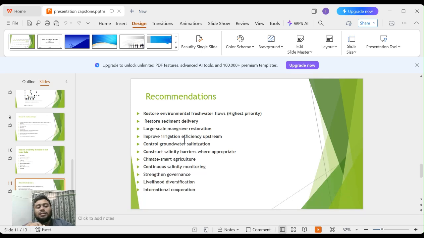The ninth one is strengthening governance between freshwater and saltwater, which is very important. So we have to establish an Indus Delta management authority for coordination among federal and provincial agencies, in touch with Sindh province and Punjab province. There is very urgent coordination also needed between Pakistan and India.